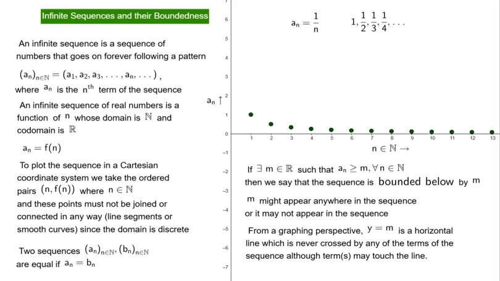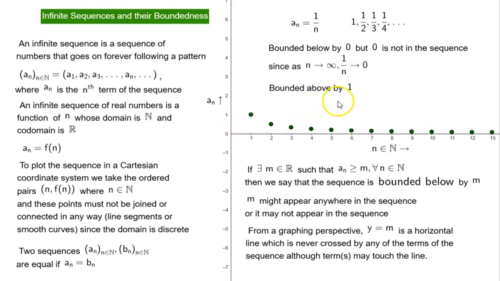So here it is bounded below by 0, but 0 is not in the sequence. Why? Because as n goes to infinity, 1 by n goes to 0. It doesn't actually touch 0 and it is bounded above by 1. So here you notice that it is bounded above by 1, which is the highest point.